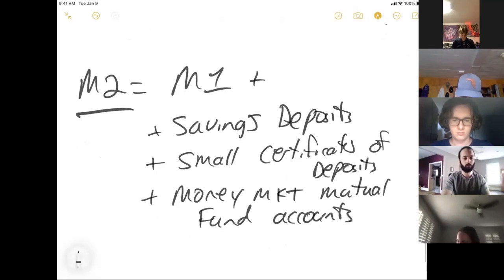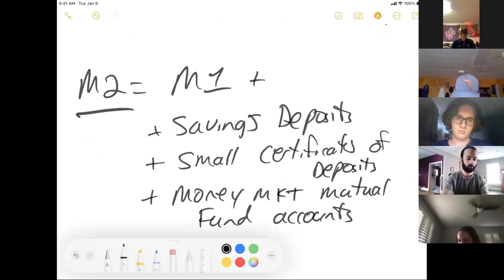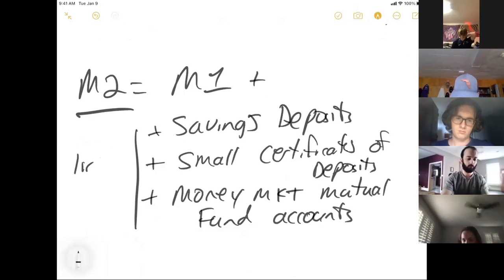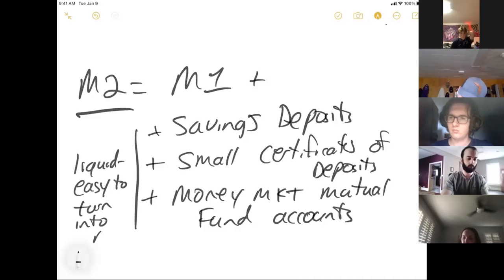These are savings accounts that you hold at banks in which they hold the money in very short-term bonds. The key to these things, though, is that they're very liquid. They're very easy to turn into M1.